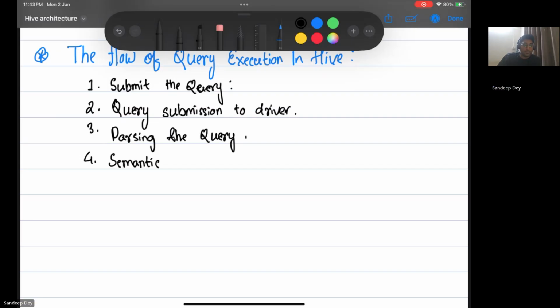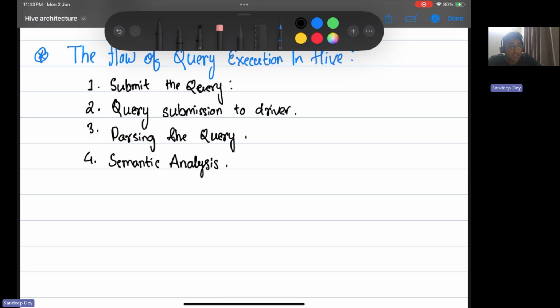Semantic analysis. The AST is then subjected to semantic analysis. Purpose: the step involves validating the query against the schema and metadata in the Hive metastore.